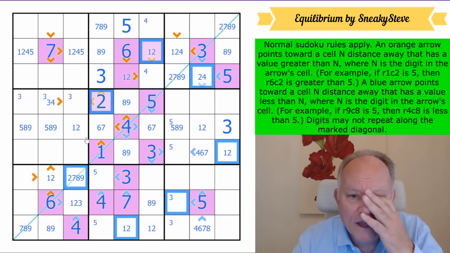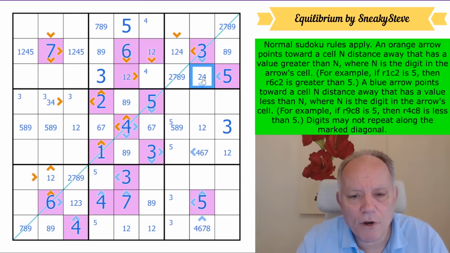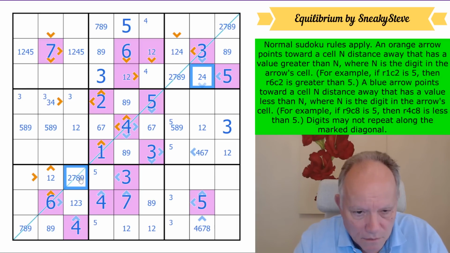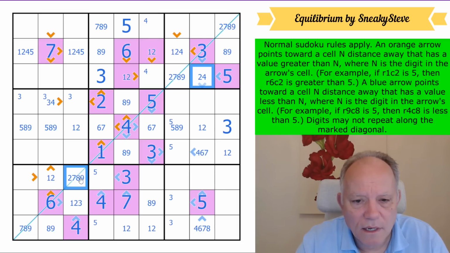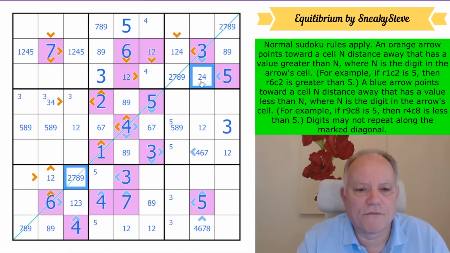Right. I think it's relatively, well, what I'm proving is that this is not a 2. This may not actually do everything, but if that was a 2, the 2 on the diagonal is there. Oh, and yeah, that's really simple.